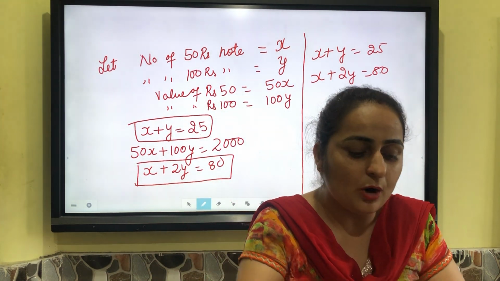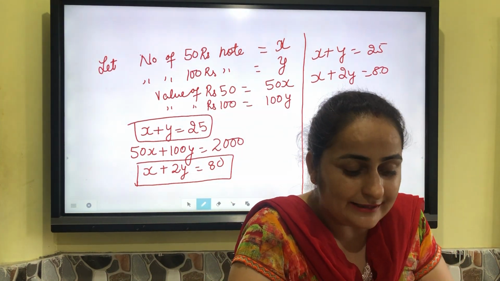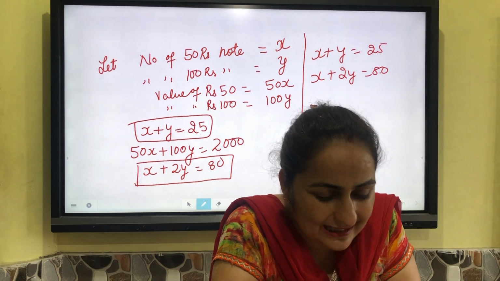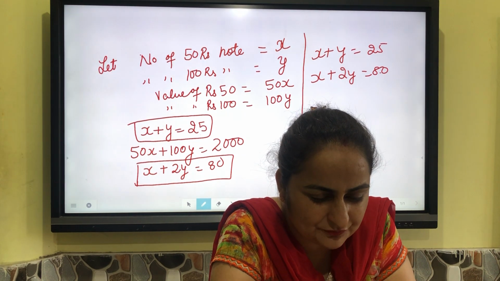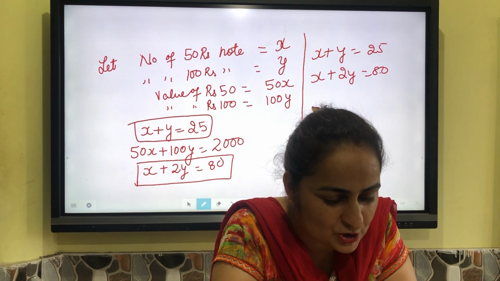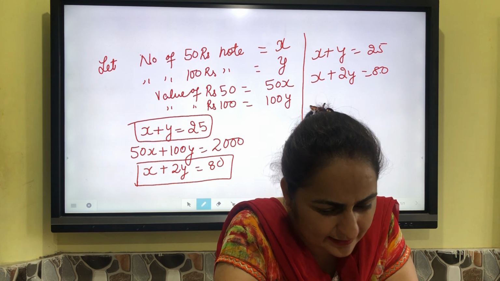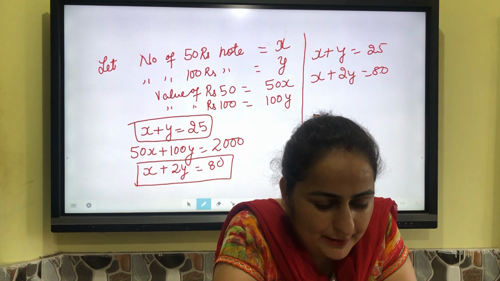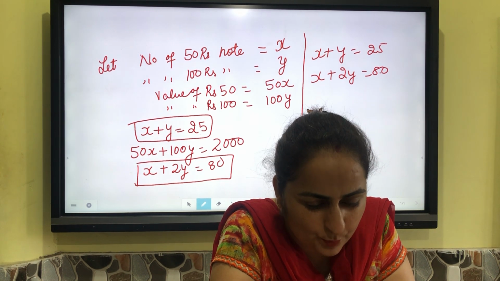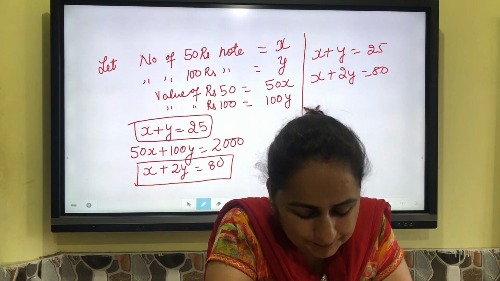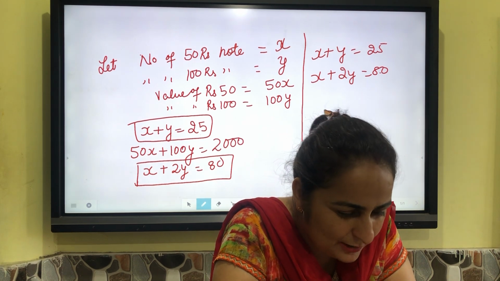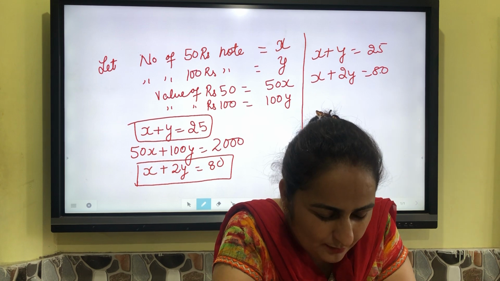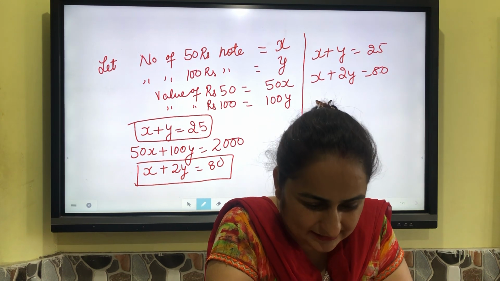Now one more last example. A lending library has fixed charges for the first 3 days and additional charges for each day thereafter. Sarita paid rupees 27 for a book kept for 7 days, while Susheela paid rupees 21 for a book she kept for 5 days.